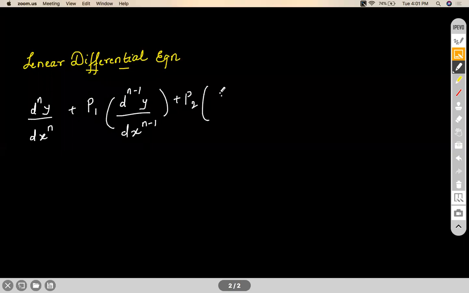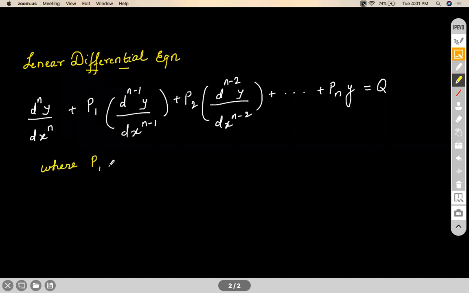Plus P2, and so on till Pn y equal to Q. And we all know that P1, P2, etc. till Pn as well as Q here are functions of x.